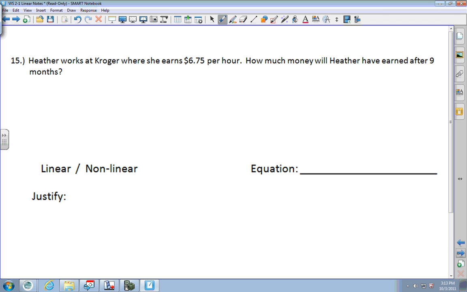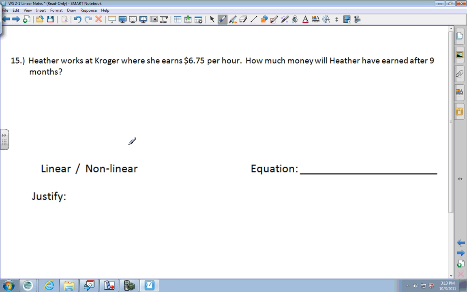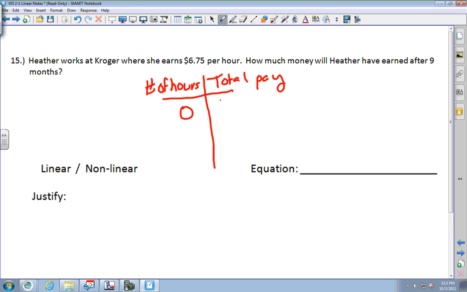The next one. It says Heather works at Kroger's where she earns $6.75 per hour. I've got number of hours, and the y, the dependent, is her total pay. The independent is the number of hours. So at 0 hours, she makes 0 money. After 1 hour, she makes $6.75. After 2 hours, she makes $13.50.